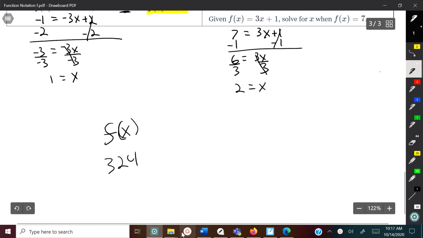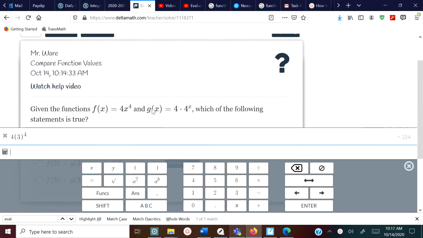Now I'm going to come back and do g of x and type that one in. We've got 4 times, and they put a times, so I'm going to put a times, 4 raised to the x, and the x again is 3, so I'm plugging in 3.